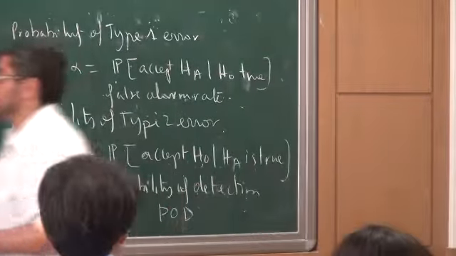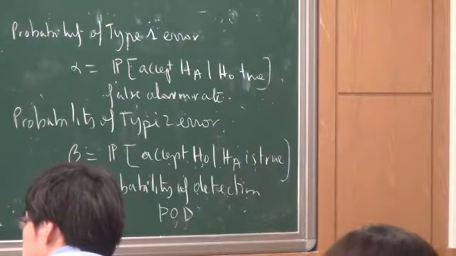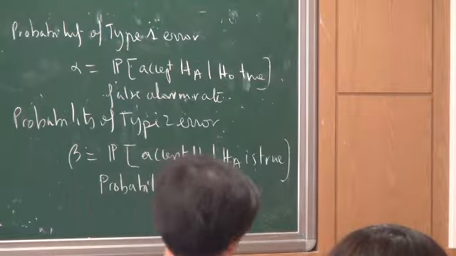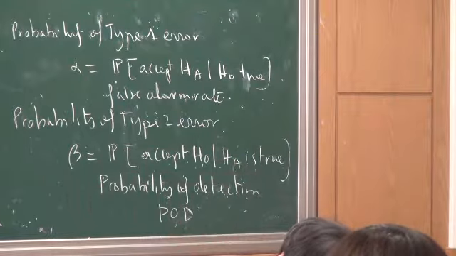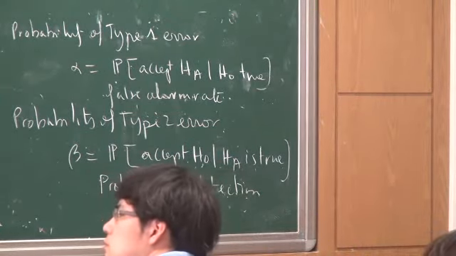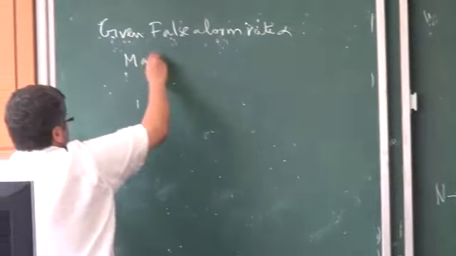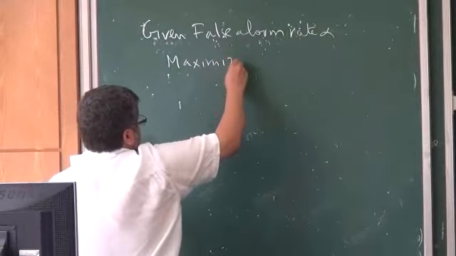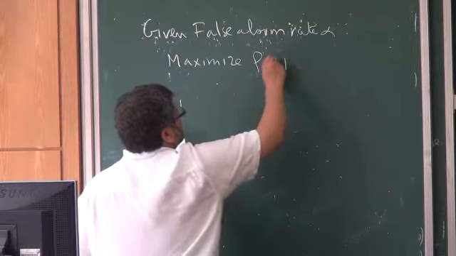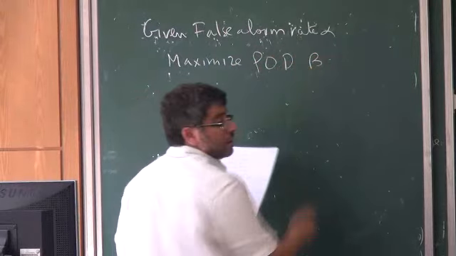For a given false alarm rate alpha, we want to maximize the probability of detection.